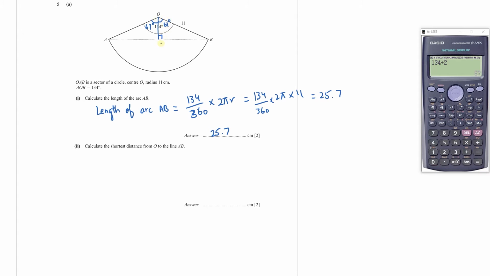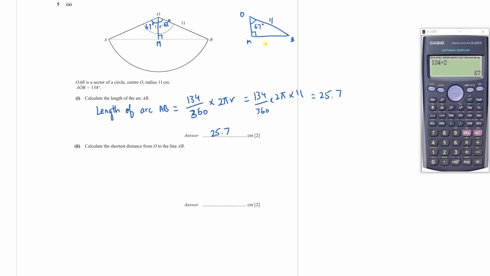Let's call this point M. If you look at this triangle OMB, let me draw this here. OMB, this is 90 degrees, this is 67 degrees, and this length is 11.